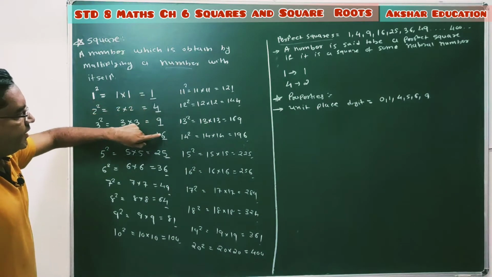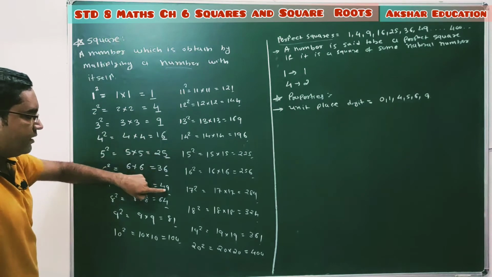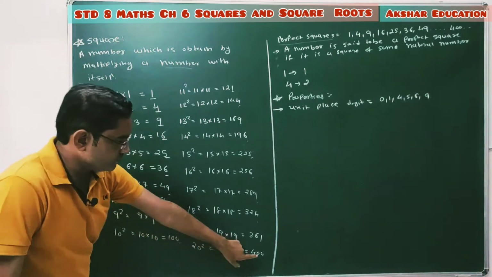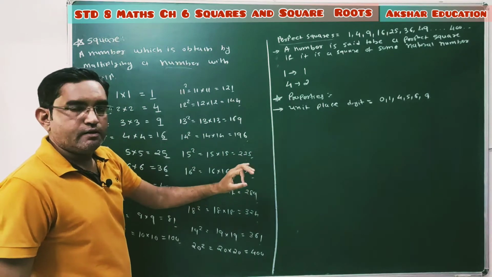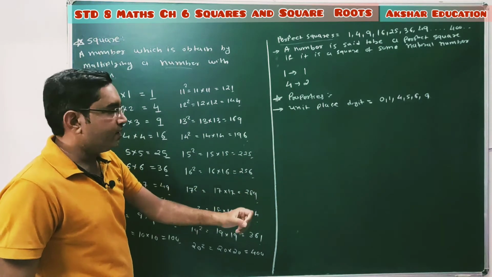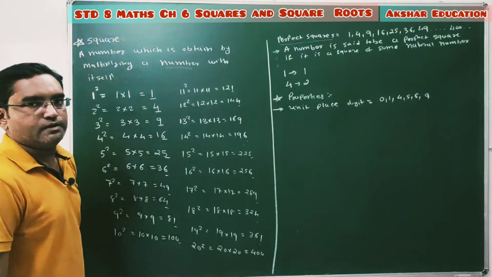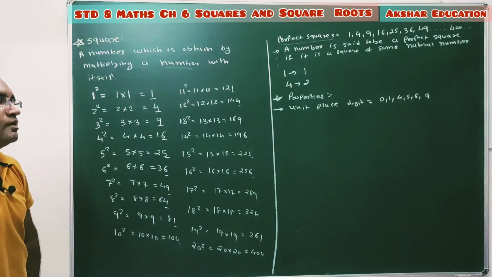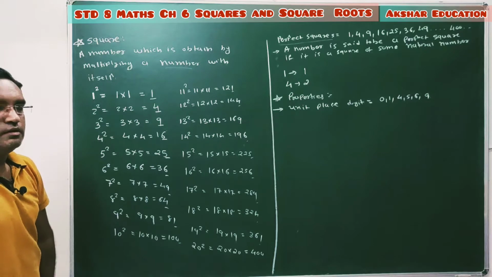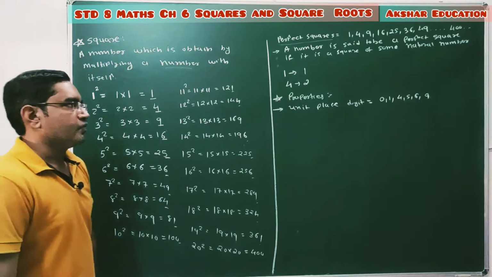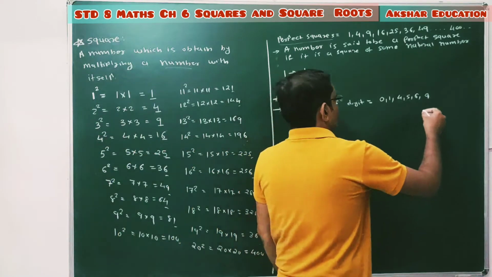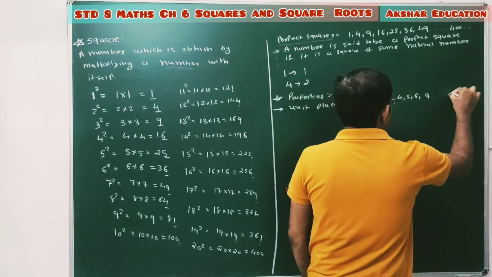1 है, 4 है, 9 है, यहाँ पर 6 है, 5, 6, 9, 4, 1, 0, 0, 1, 4, 9, 6. कहीं पर भी आपको 2, 3, 7, 8 ये चार में से कोई भी एक डिजिट यूनिट प्लेस पर नहीं मिलेगा. So perfect square numbers always end with 0, 1, 4, 5, 6 and 9 digits only.